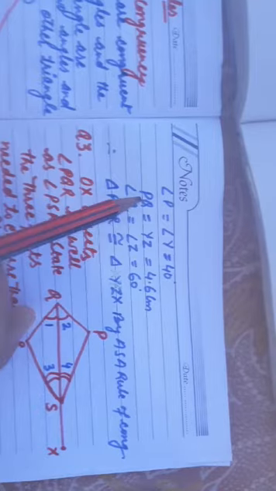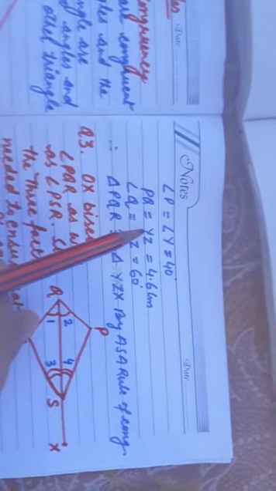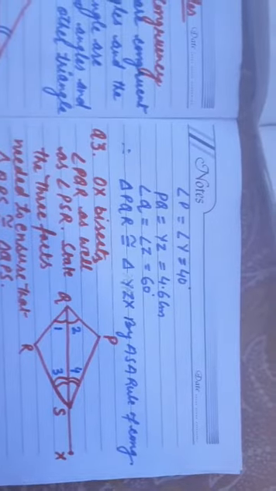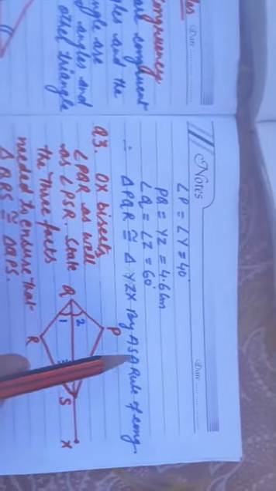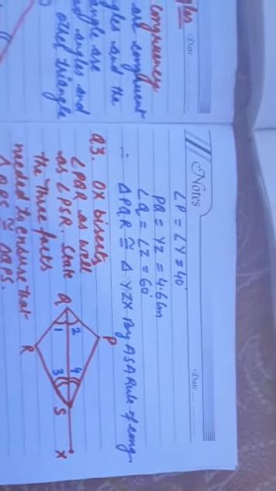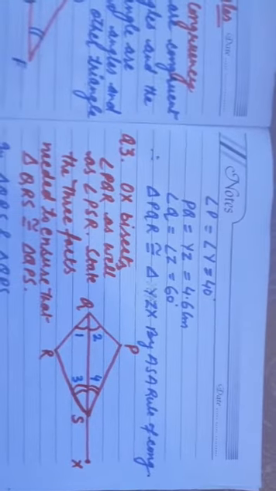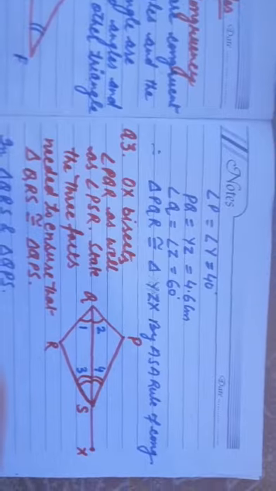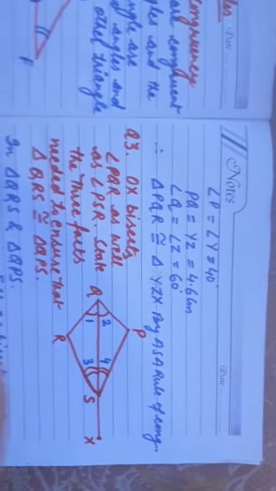But the included side PQ is equal to ZY is equal to 4.6 centimeters. So these two triangles are congruent by the angle side angle rule. So this is the third part, PQ equal to ZY, that is 4.6 centimeters, so that these two triangles are congruent. Now question number 2.